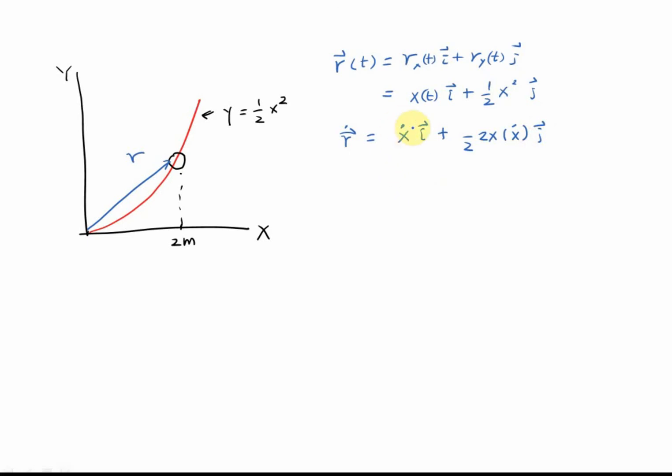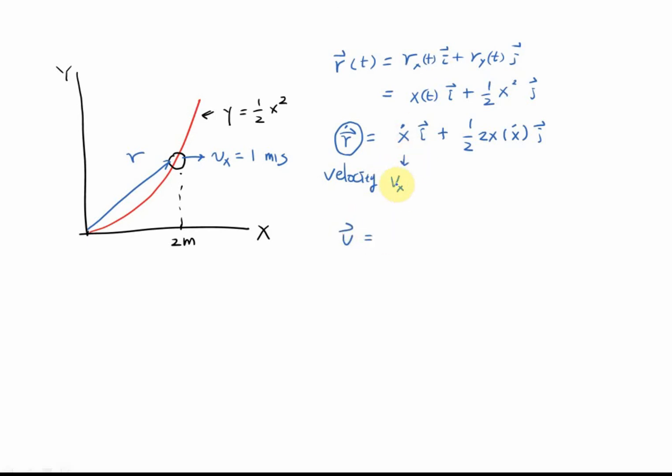Then what is x dot? This is the x component of velocity. So let's say at a given time when the object is at 2 meters on the x-axis, your x component velocity is, for example, 1 meter per second. Then what is the velocity in this case?